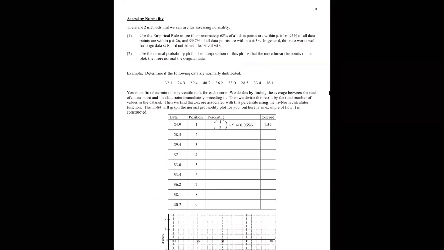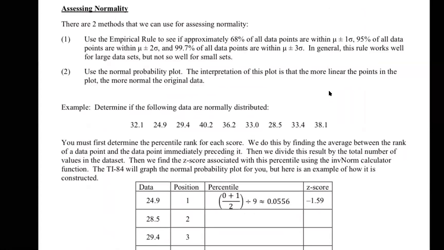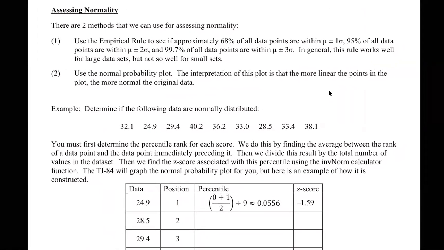Assessing normality is an important concept. We've learned one way to do it that involves computation, the empirical rule, that 68, 95, 99.7% rule. But we also have another technique, a normal probability plot.